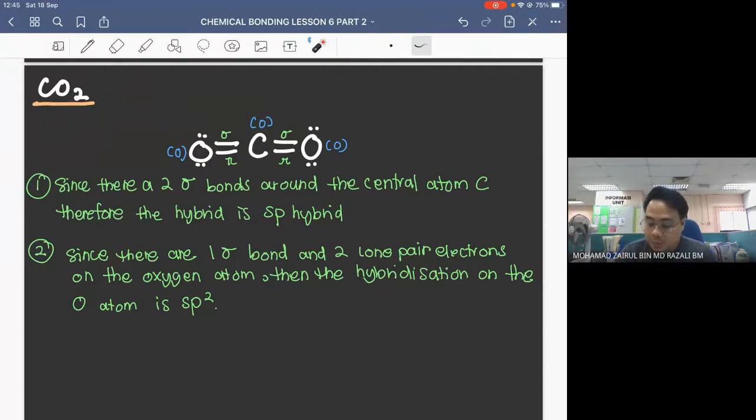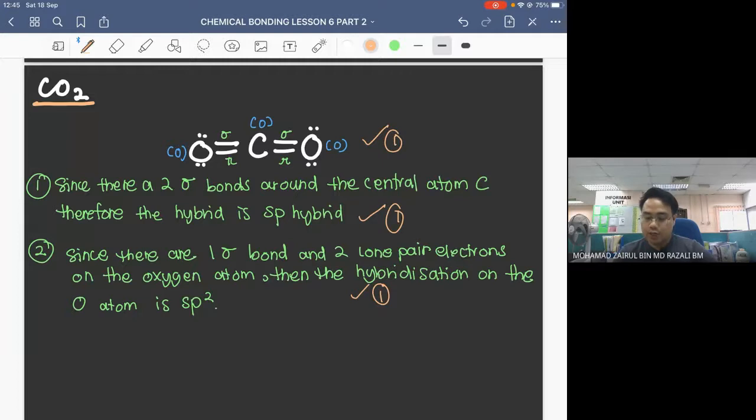Now hybrid on the oxygen, since around the oxygen we have 1 sigma and 2 lone pair, total is 3, so the hybrid on the oxygen atom is sp2 hybrid. Awak draw with a formal charge ni 1, awak buat conclusion ni 1 markah.